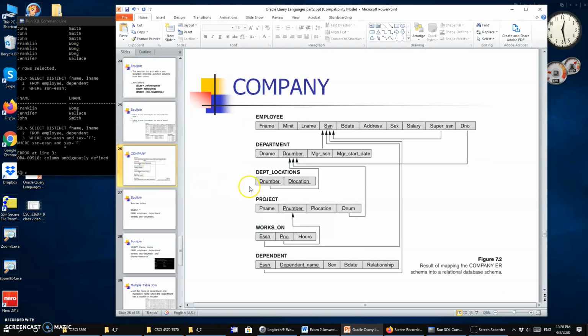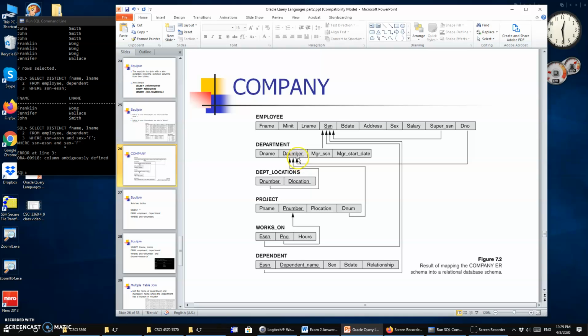You may have a curiosity: how do I know, if I'm going to join the two tables, employee and department, what the join conditions are? This is when we need to reference back to the relational schema diagram. Remember the foreign keys. This is where we link everything together.